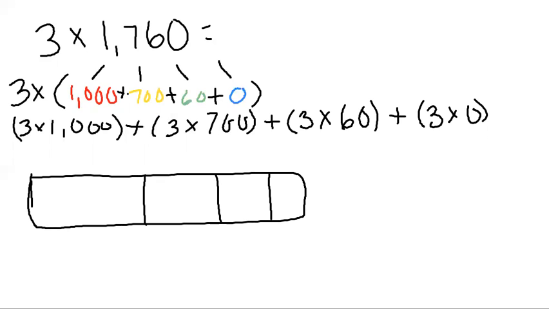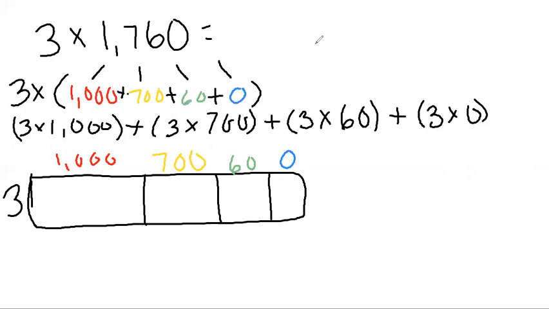And top of each box is going to represent each one of your place values that you determined from 1,760. So your first one is going to be for your 1,000. Your second one is going to be for your hundreds. The next one is your tens. And finally, that last box is going to represent your ones. And of course, each one I'm multiplying by 3.